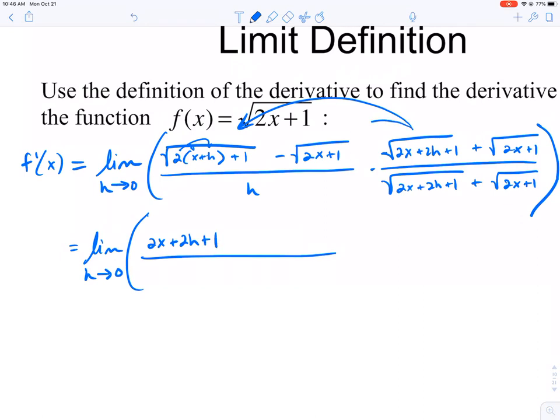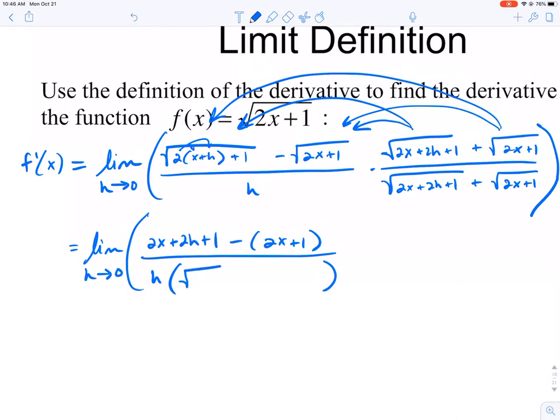And then when we distribute the square root of 2x plus 1 to the square root of 2x plus 2h plus 1, those will cancel. And then it'll be minus the quantity 2x plus 1, all over h. Leave the h factored out of the denominator because we want that h to be able to cancel.